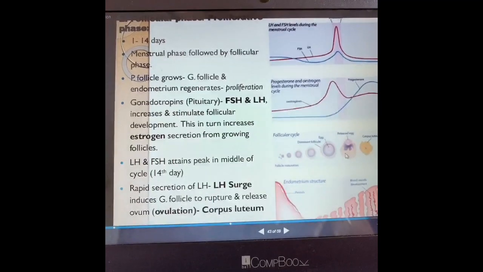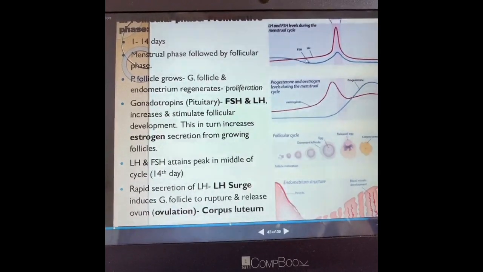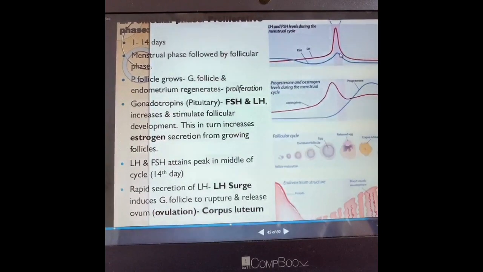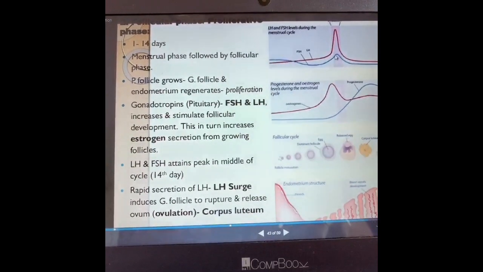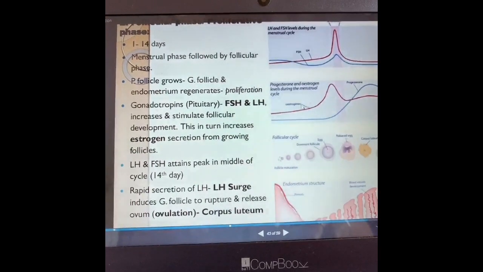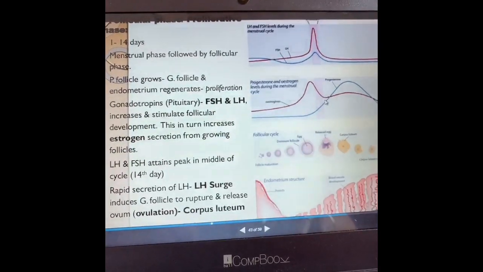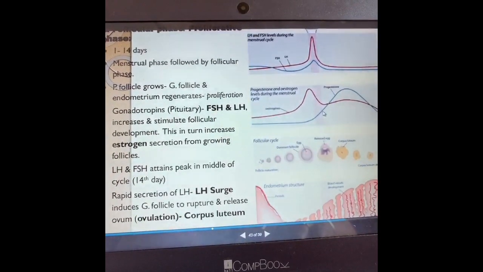Now this development is guided by the increase in FSH and LH, and these two secretions are highest during the 14th day. So is the secretion of estrogen. All of them are being secreted at their highest level.